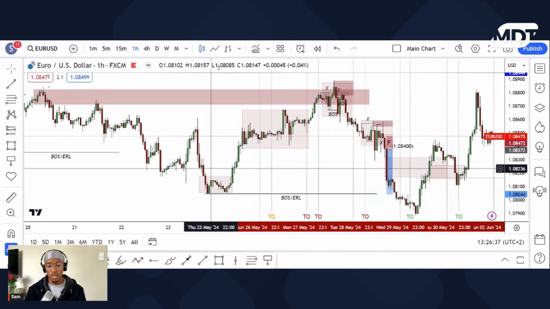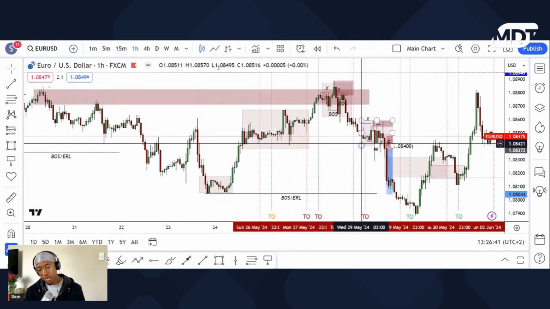So 2 consolidations, reversal, displacement lower, consolidation, reversal.